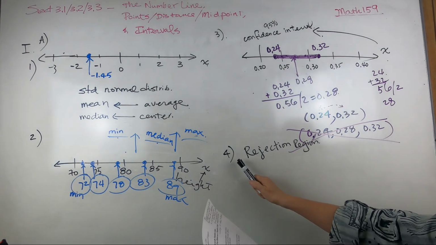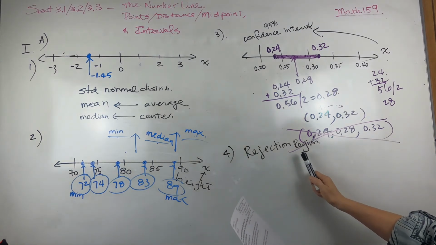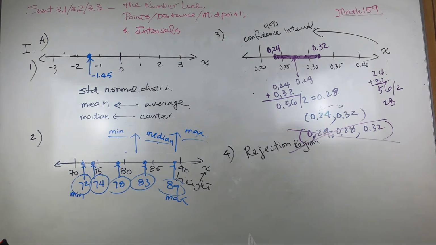Okay, for number 4, rejection region. We are going to learn a few more terms. It says, in hypothesis testing, we sketch something called the rejection region, which is an interval that goes off to infinity or to negative infinity.